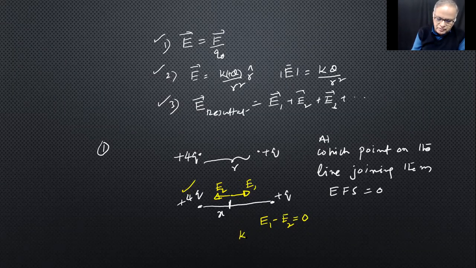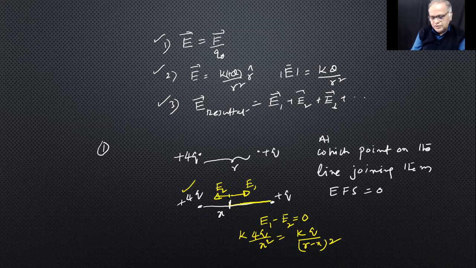So, K into 4Q by X square is equal to K into Q by R minus X whole square. This distance is X, which means this distance is R minus X. Both the fields are opposite.